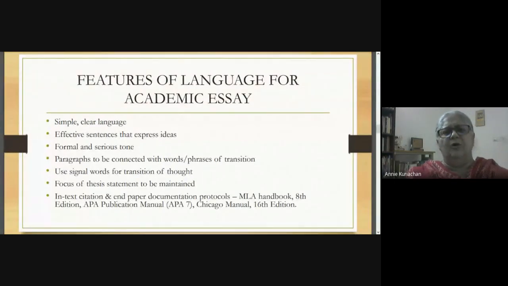Signal the transition of the paragraph using these words. It's important that you use these signal words for transition of thought. As I've always told you, the focus of the thesis statement has to be maintained. And that is one of those very important features of research essays or academic essays.